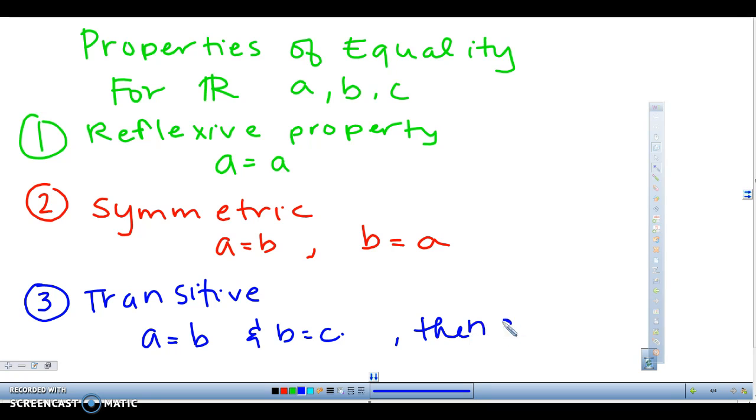A is also equal to, that's right, it's also equal to C. And if you kind of join these two together, you will see that A is equal to B, B is equal to C, and since B is equal to B, I can just kind of get all those out and say that A is equal to C, okay? So I'm going to let you give me examples of all three of those in real number kind of things.